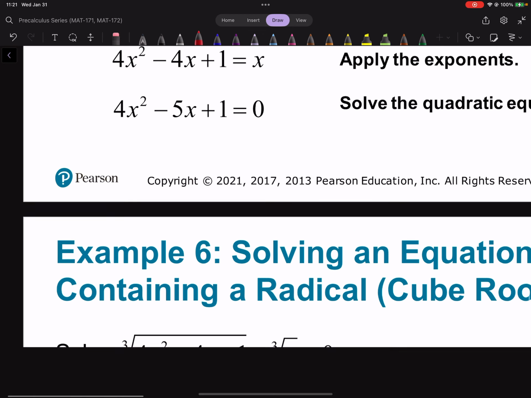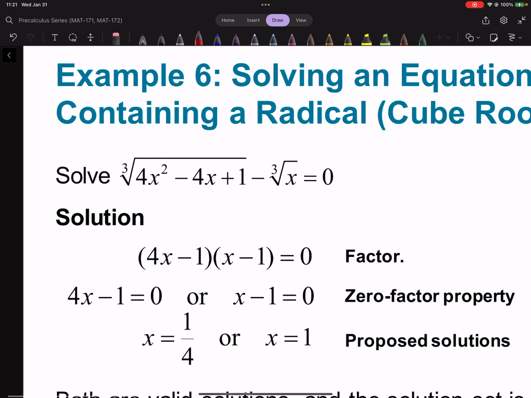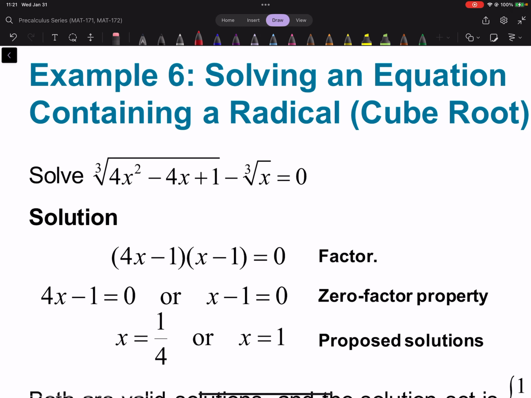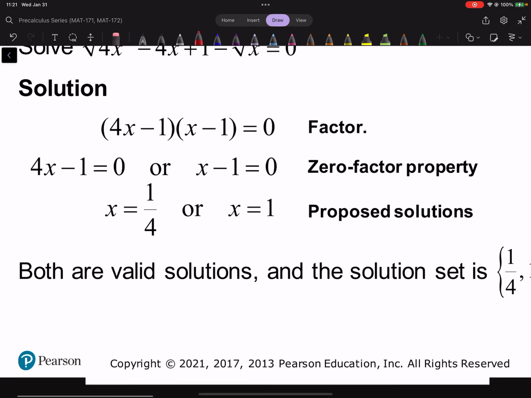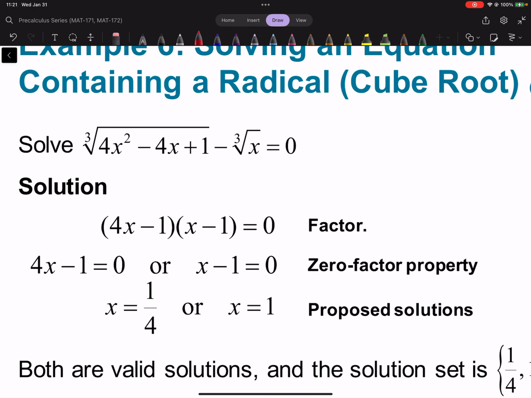Maybe not. Oh no, we can. We can factor that, so we can get our proposed solutions here. When we plug these back in, they say that they're both valid. I will leave it up to you to plug those in. But by addressing the power property, that can get you started in the right direction.